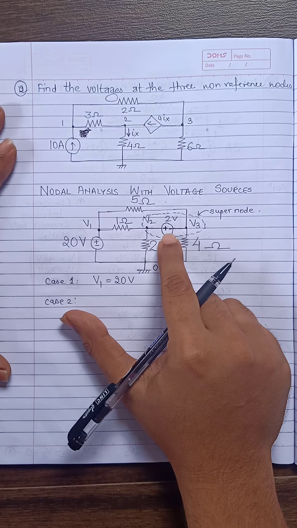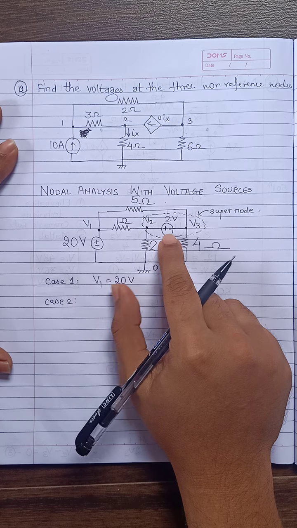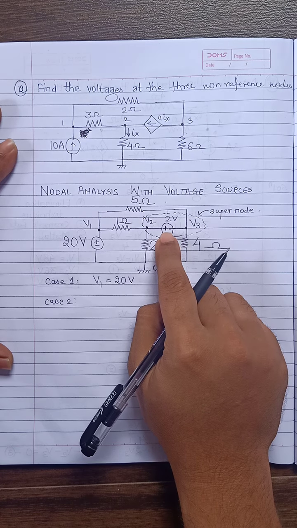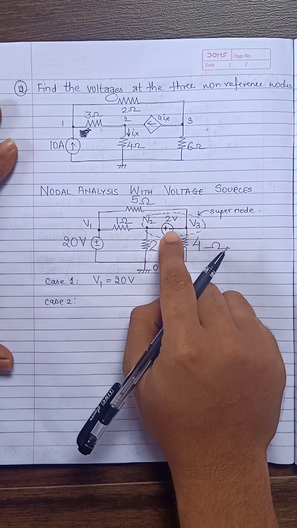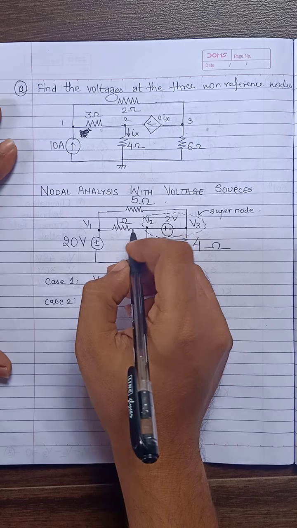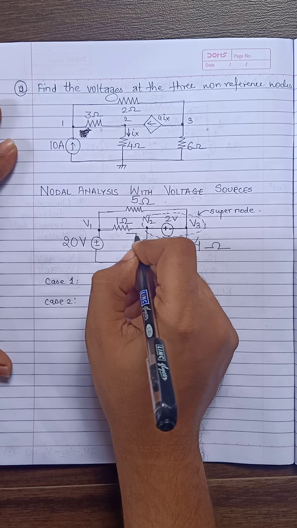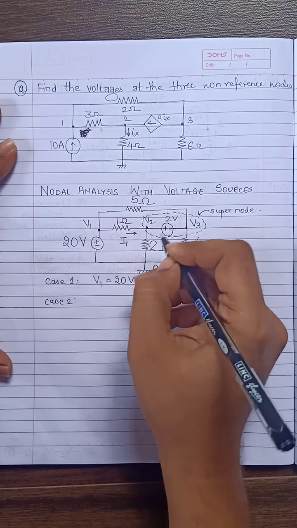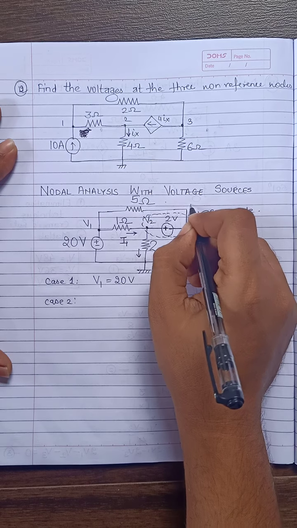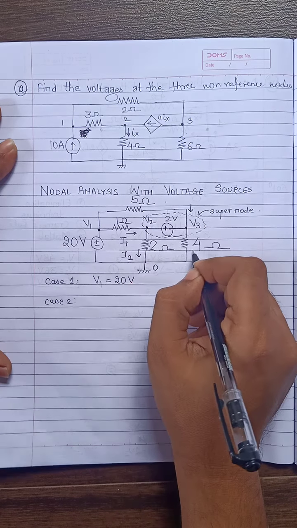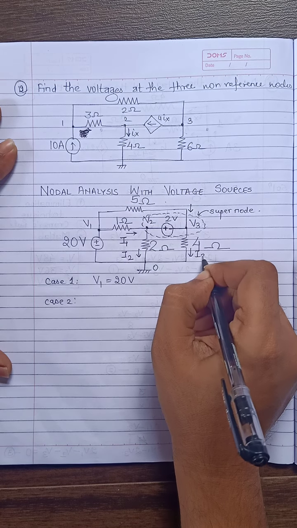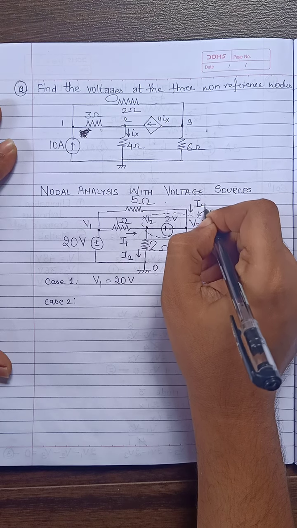That is, KCL must be satisfied at the supernode also, similar to any other node. That means we need to apply KCL at this point. So if I assume current I1 is flowing inside, and three currents, I am assuming this as I2, this as I3, and this as I4.